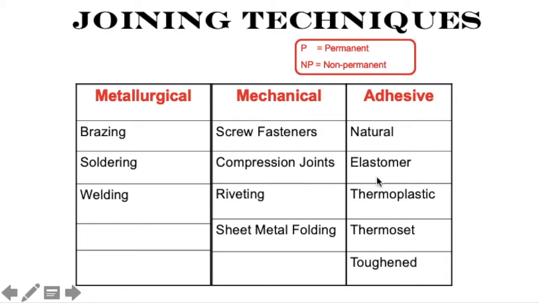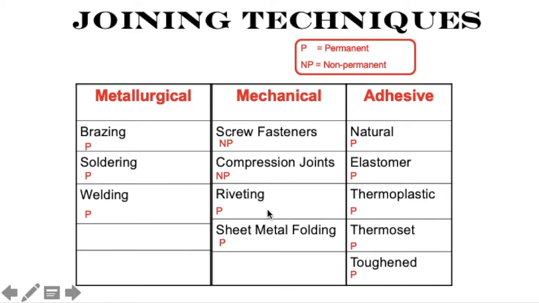And then in all these joining techniques, they can either be permanent or non-permanent, and these ones would be the permanent ones. Some of the mechanical ones can be permanent and some can be non-permanent.